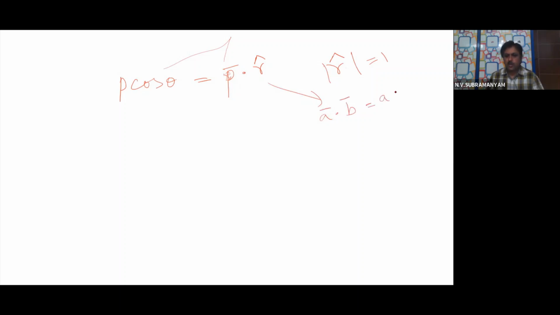A mod b cos theta actually. Yes or no? So P bar dot r bar should be P mod r into cos theta. What is mod r? Value 1. That means P cos theta. That is how I am writing it. Left side is equal to right side.